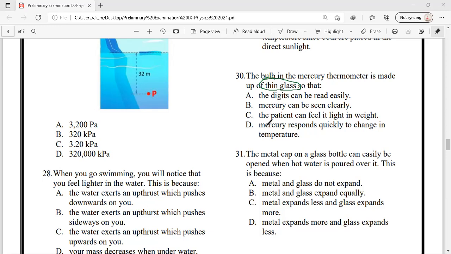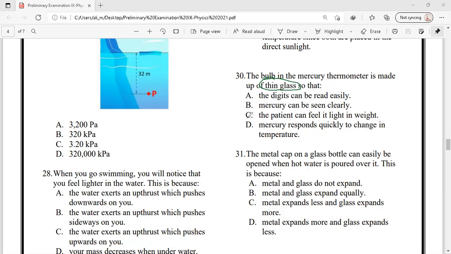So why is it so? Because we have to transfer the heat from the body into the thermometer with that part that is known as bulb. बल्ब वाले रीजन से हम हीट को ट्रांसफर करते हैं, and as we know that glass is a thermal insulator. सो अगर हम बल्ब वाले रीजन को भी एक थिक ग्लास से बनाएंगे तो उससे क्या होगा? हीट को ट्रांसफर होने में मुश्किल होगी, and mercury inside the thermometer will not respond quickly. जल्दी से वो एक्सपेंड और कॉन्ट्रैक्ट नहीं हो पाएगा.